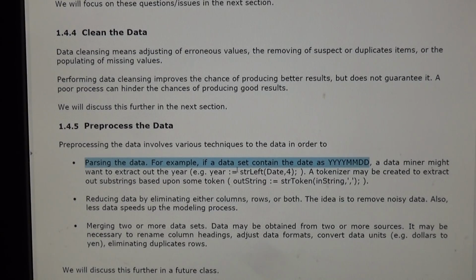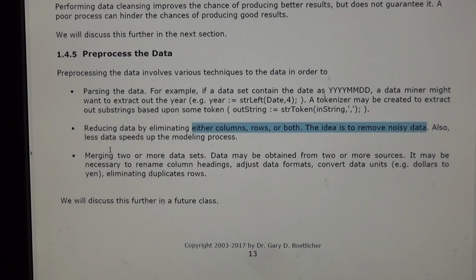A data miner might extract out the year, like do a string left of the date by 4, or use a tokenizer to extract out different parts of it. Maybe if there are commas, take it out piece by piece by tokenizing the commas out. And then we can reduce data by getting rid of columns or rows or both. And we want to get rid of noisy data if possible. That is another option for preprocessing.